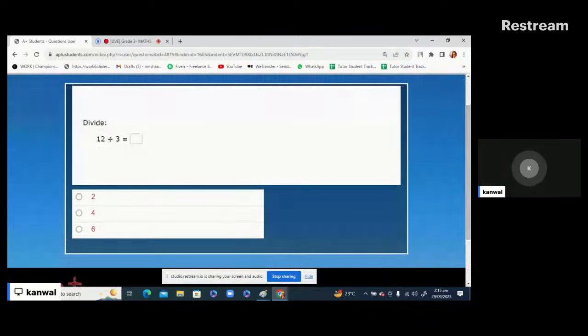Okay, now anyone tell me the answer of 12 divided by 3? We already did this. So 12 divided by 3 is 4, because 4 times 3 is 12.